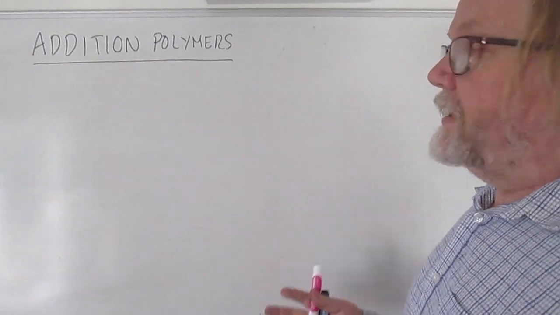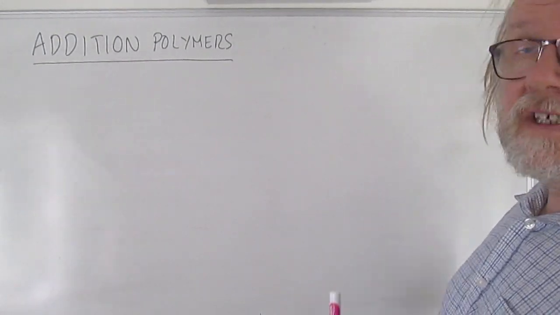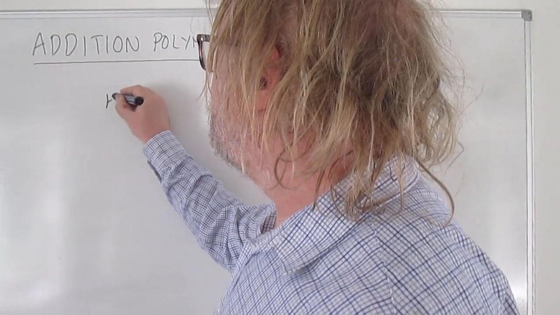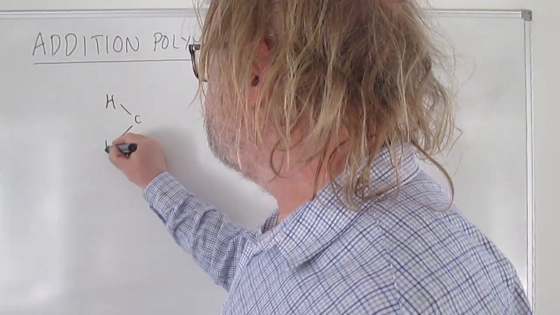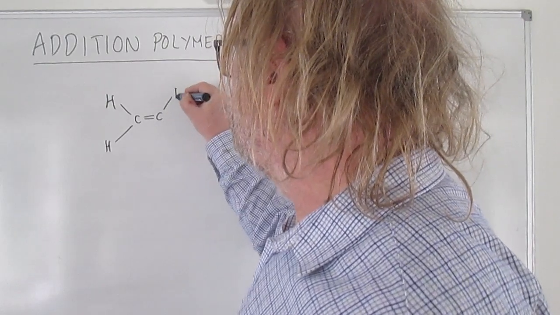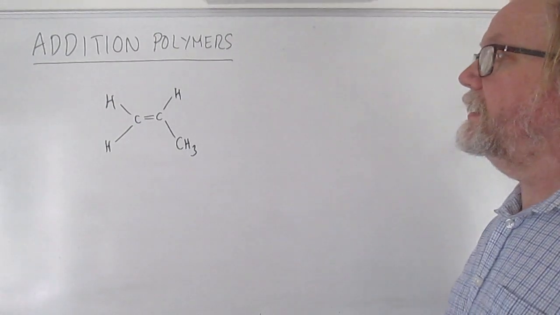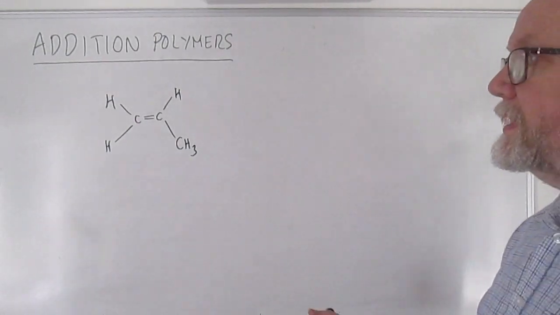Now obviously ethene isn't the only alkene that will do this. In principle any alkene can do it. So for example, if we take this compound, which is propene, then it can follow exactly the same pattern.